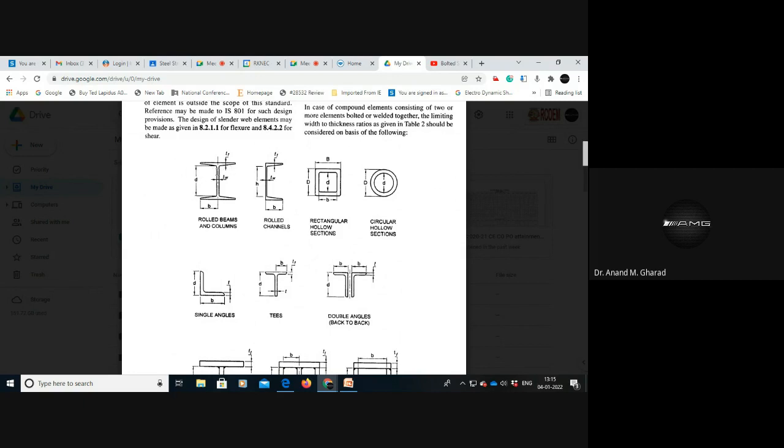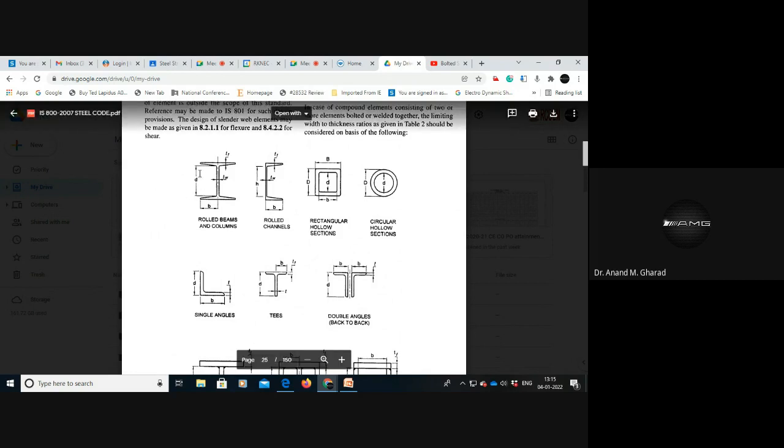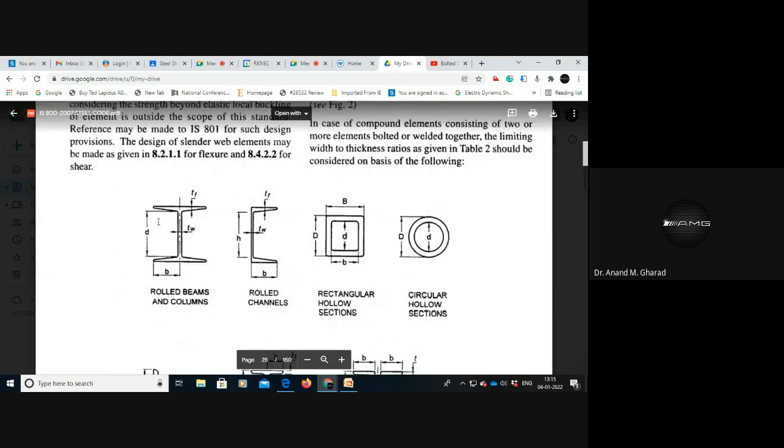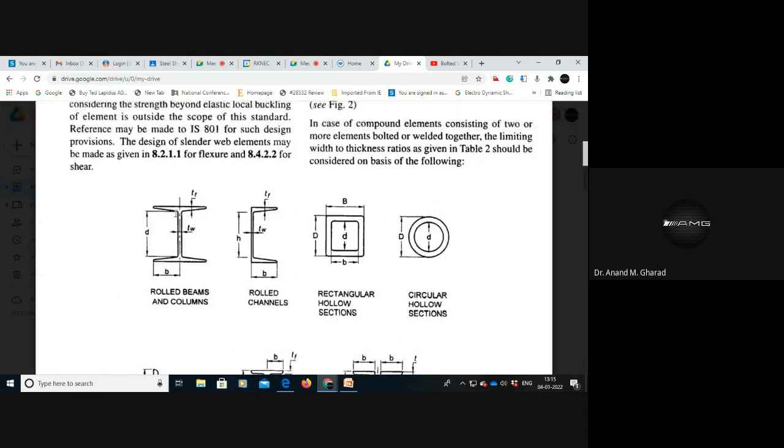If I'm talking about the web portion, and if I want to find out the aspect ratio in order to define some classification of cross section, in that case, this D and this TW, these two values will be important for us. Now see, this D, where does it start from? From this point to this point.